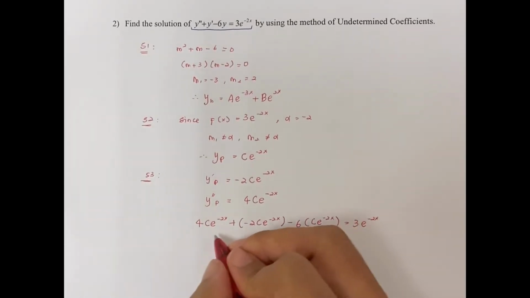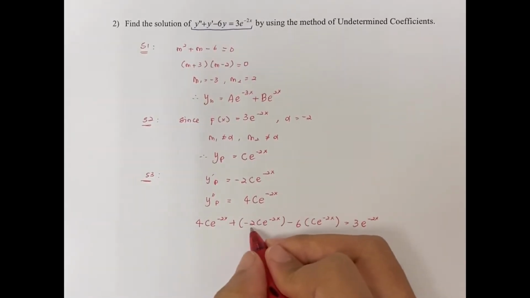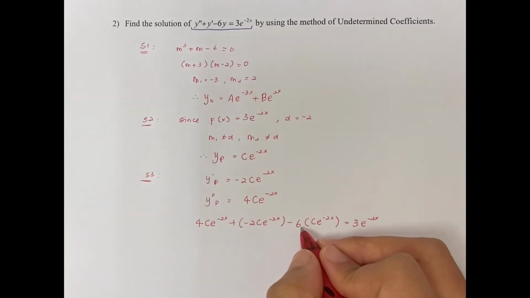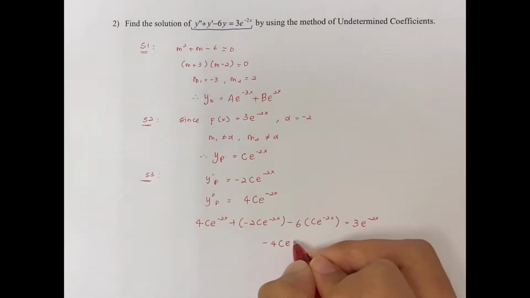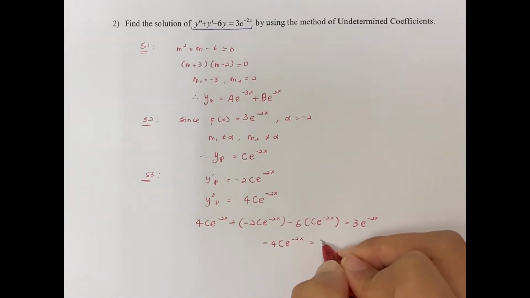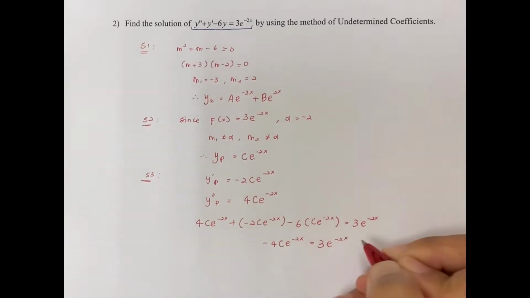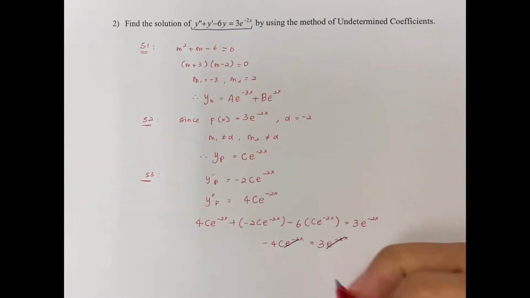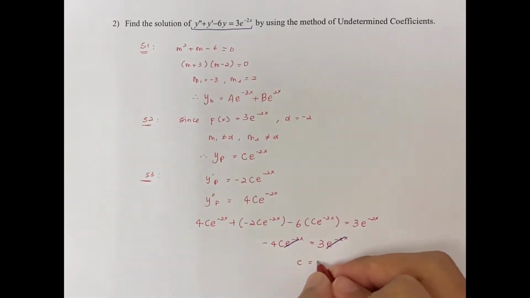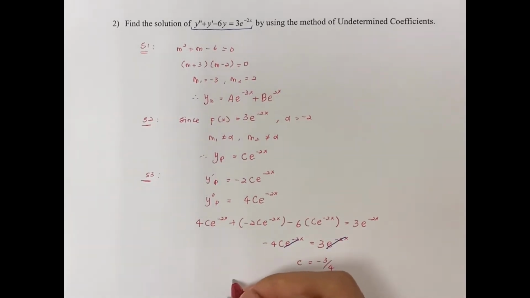Then you have 4 minus 2 minus 6, so it is minus 4C e to the negative 2x equal to 3 e to the negative 2x. Then you can cancel these two. Your C becomes negative 3 over 4. Now you have your yp without the constant C, so you have negative 3 over 4 e to the negative 2x.